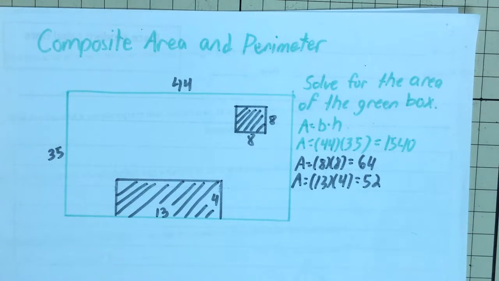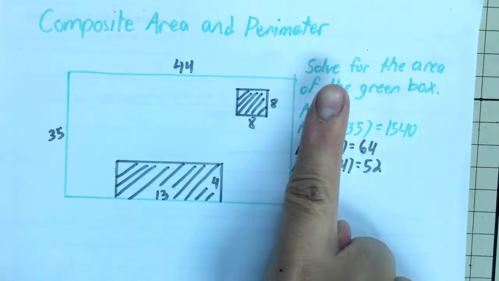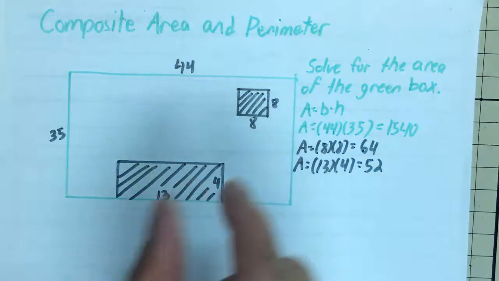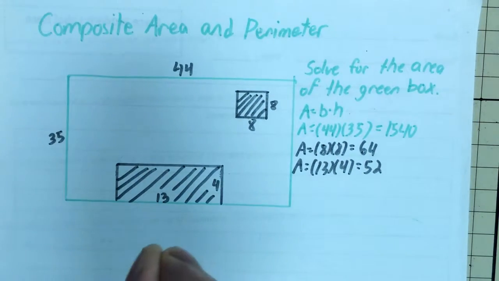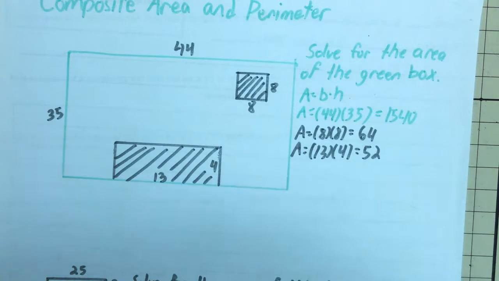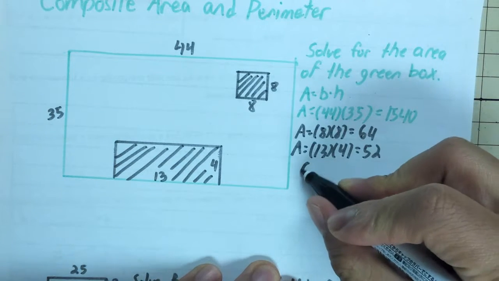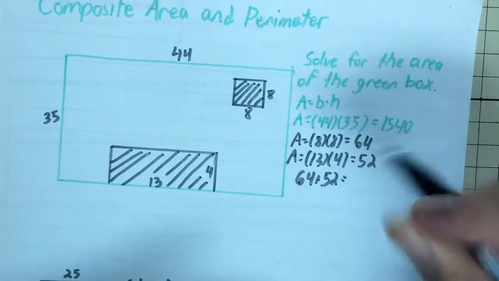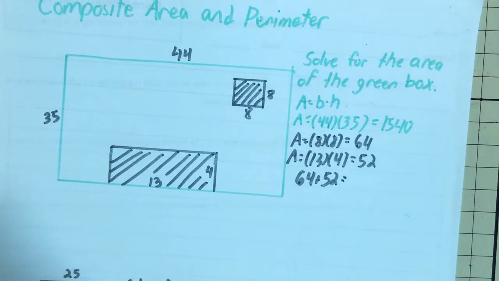So now to find the actual area, I want this green box, but I remove this black part and remove this other black part. So that would be the two parts I'm removing. 64 plus 52 equals 116.